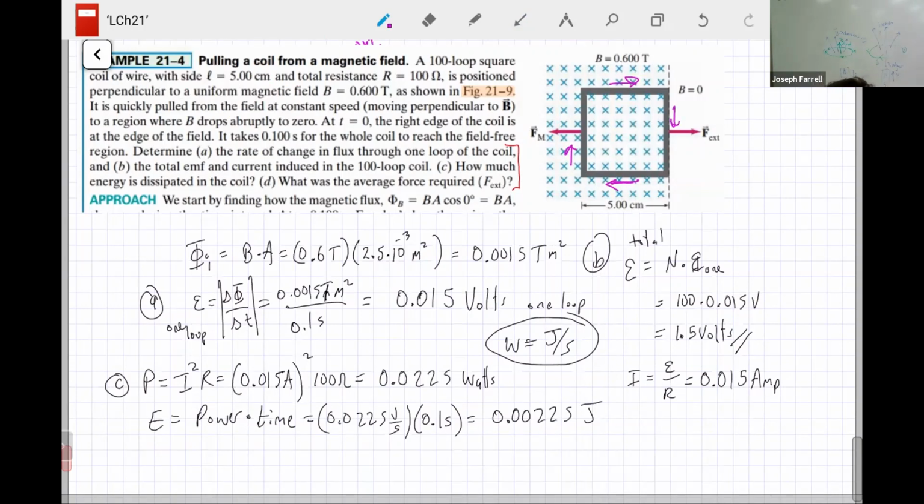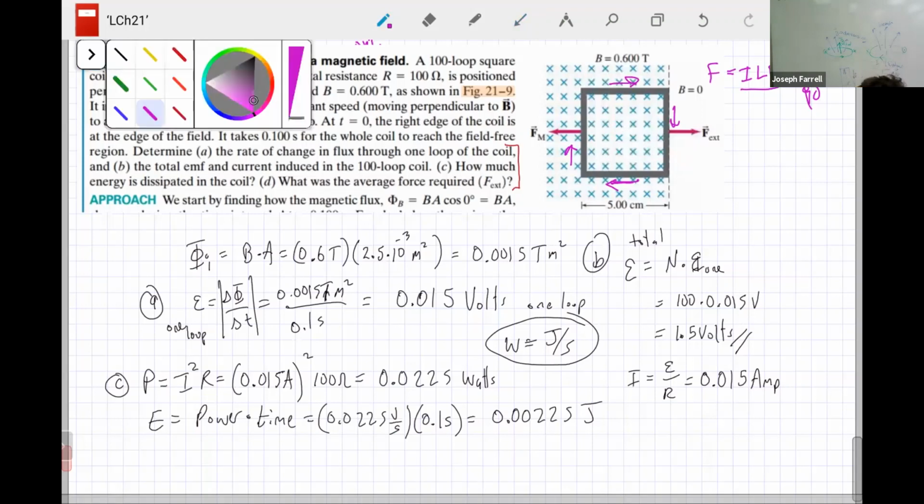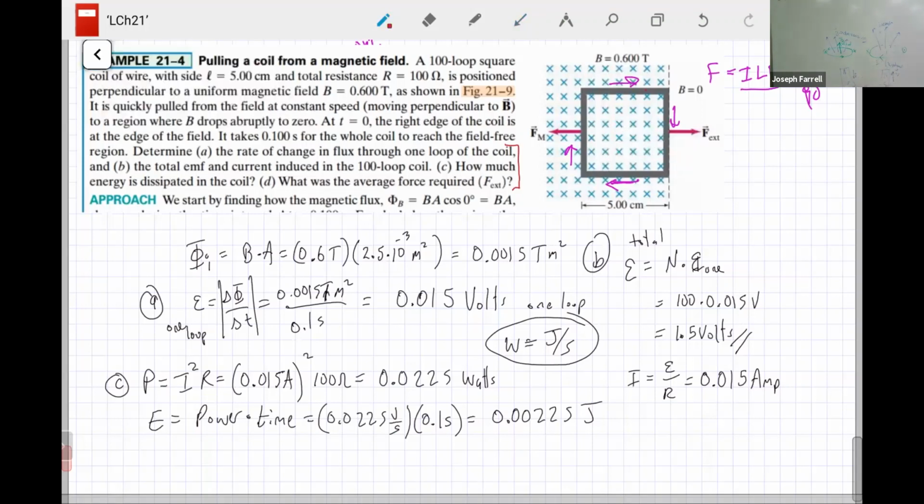If we remember the force on a current carrying wire, ILB sine theta. Well, here theta is 90 degrees everywhere, so we can just forget about that. It's ILB. And so we've got these 3 segments, and the forces are in different directions on each segment. And as the book has noted, we don't care about some of them.